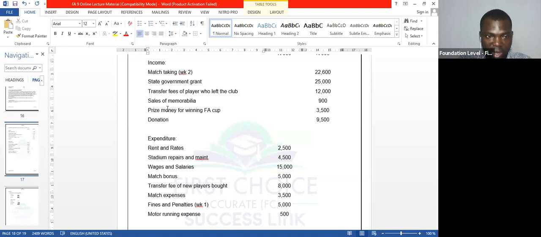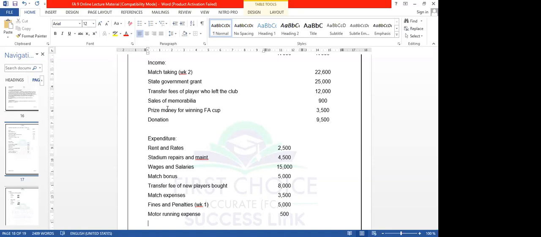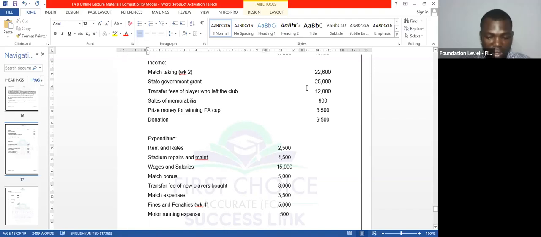And what else we have? We have the admin expenses. What is the amount for admin expenses? The amount for admin expenses is 2,000. What else we have?